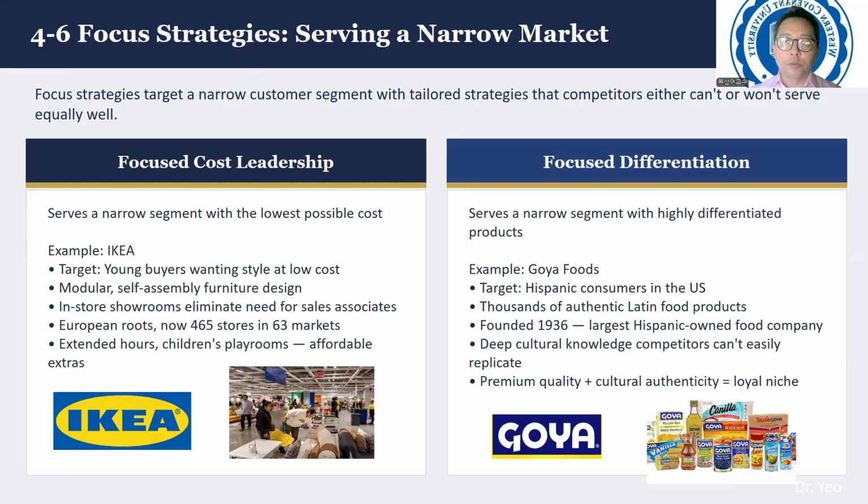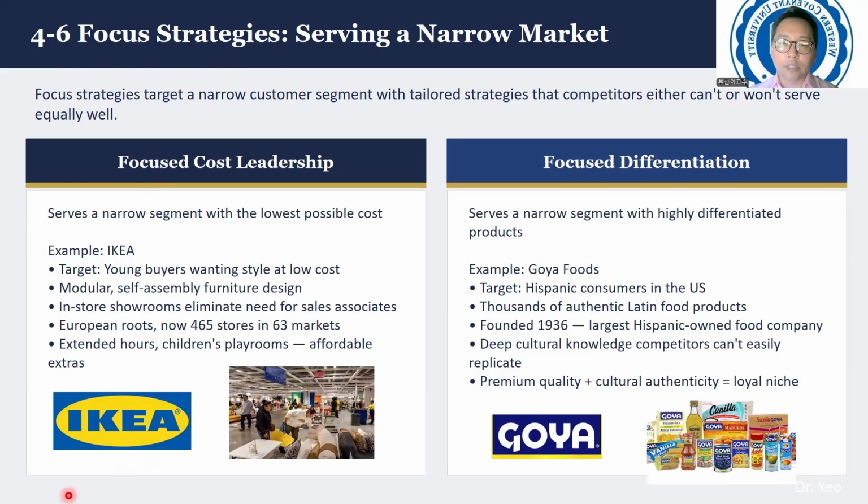The focus cost leadership. Great example is IKEA. IKEA is the textbook example. IKEA's target customer is very specific. Young adults who want stylish, modern furniture, but don't have a lot of money. They want to be economical.